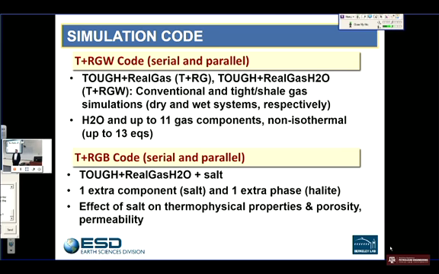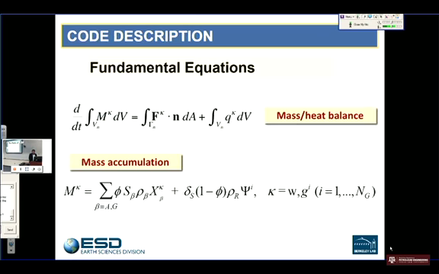It can change significantly the dissolution of gas into the water, and it can affect tremendously the porosity and permeability if we have the beginning of precipitation near the well or near the fracture, which is by no means impossible, as we're finding out.